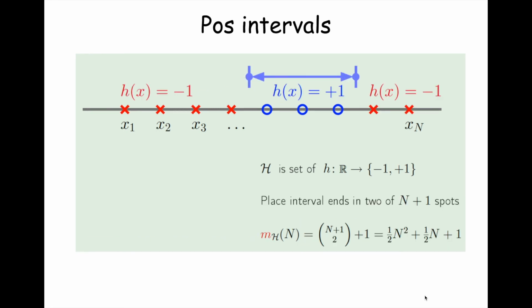A quadratic is more complex than a linear function, right? And therefore, because the positive intervals is more expressive, it's a stronger hypothesis set. It can produce more dichotomies than the positive ray. Does that make sense? Okay, so we have the positive interval.